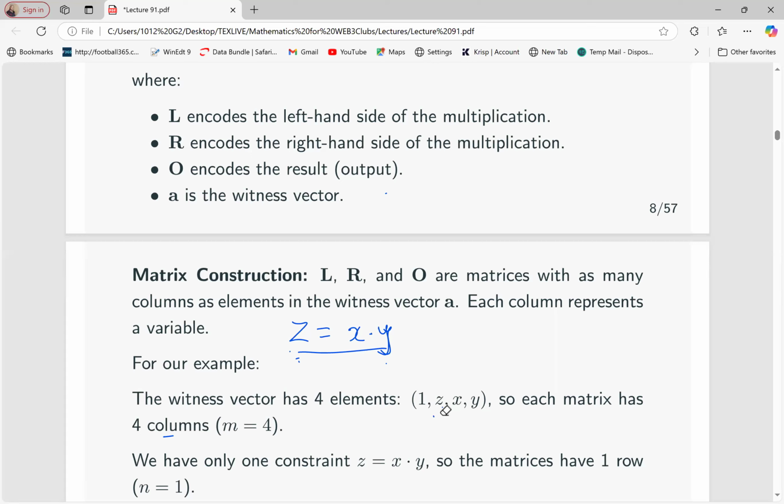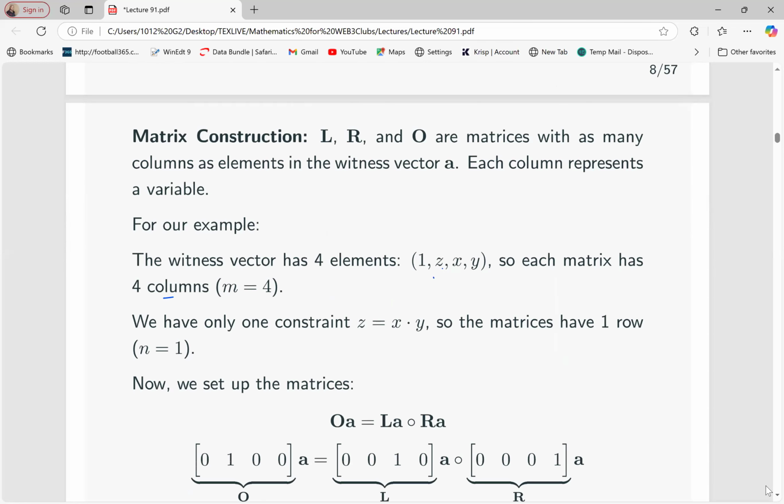So if your witness has 4 entries, as in this case, then we would have 4 columns. But if the witness has 5 entries, you would have 5 columns, and so on. So those are the basics.